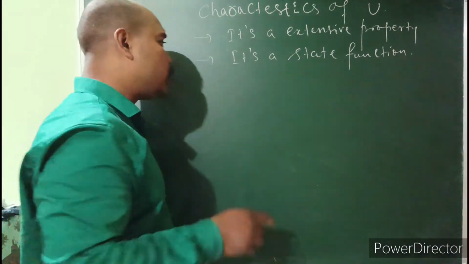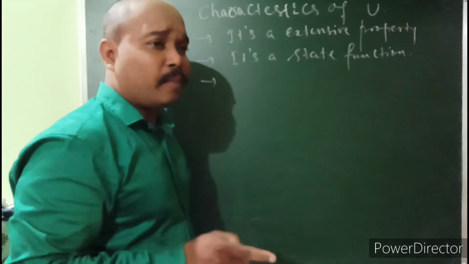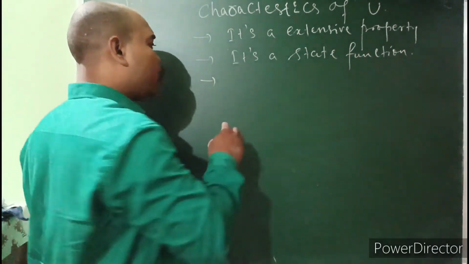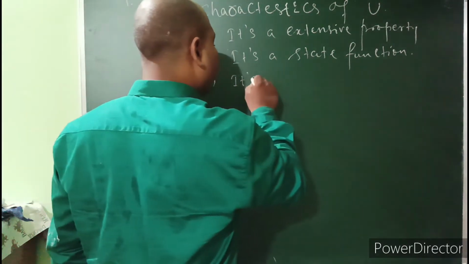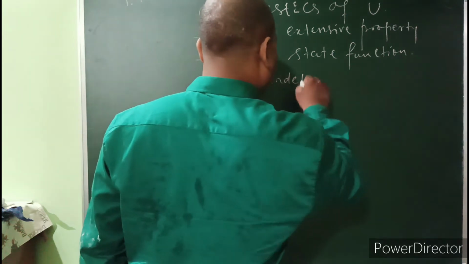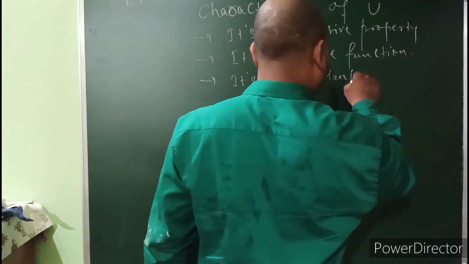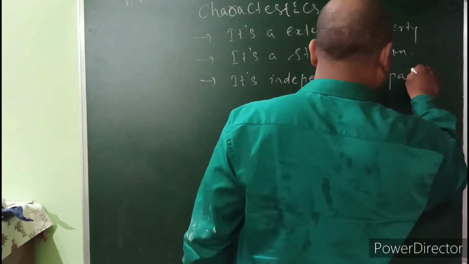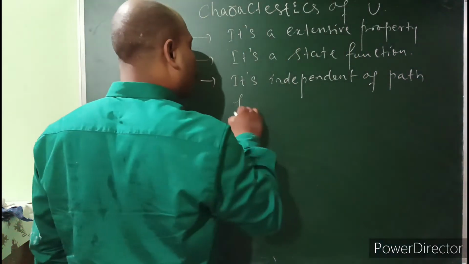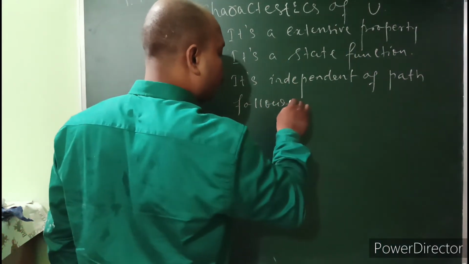As it is a state function, it should not depend upon the path followed by the system. So we can say it is independent of the path followed by the system.